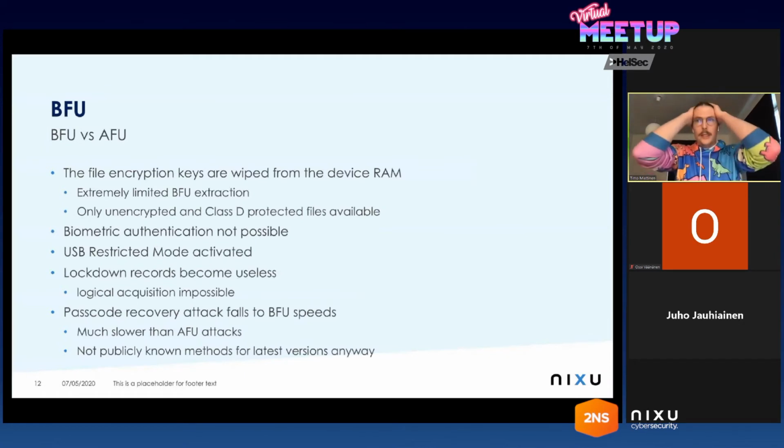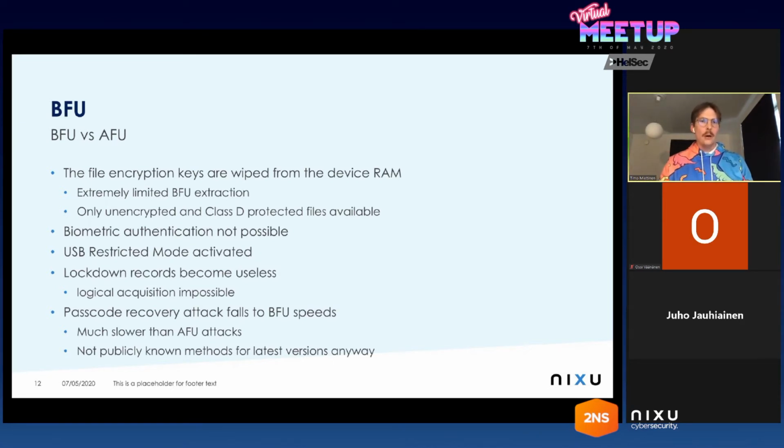But what does this mean? When the device is booted, the file encryption keys are wiped from the memory, and after that we can only do this quite limited BFU extraction for the device, and it means that only unencrypted and those Class D protected files are available.